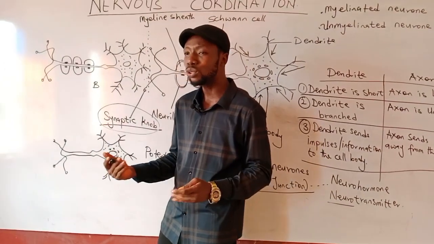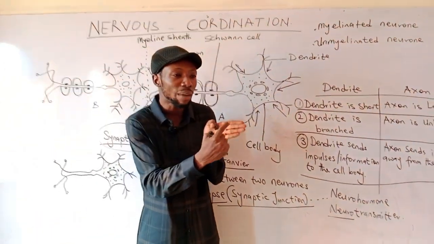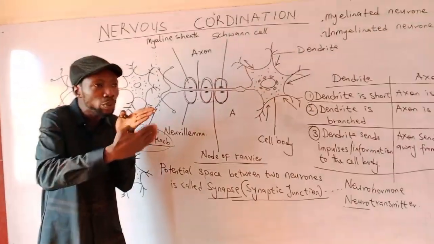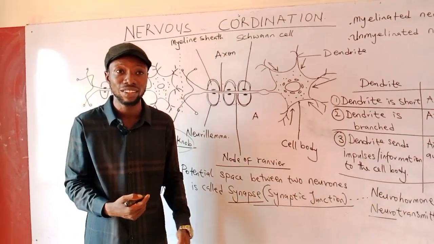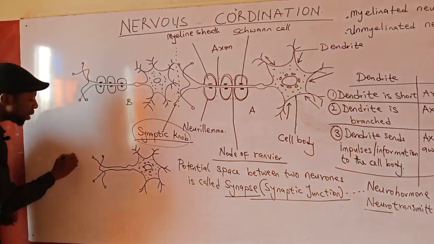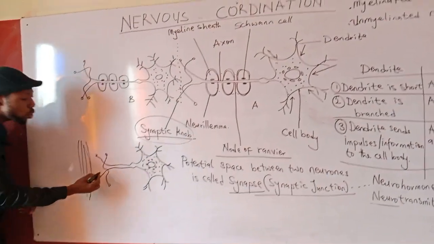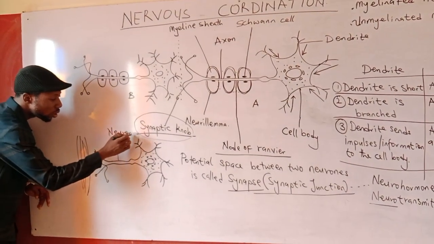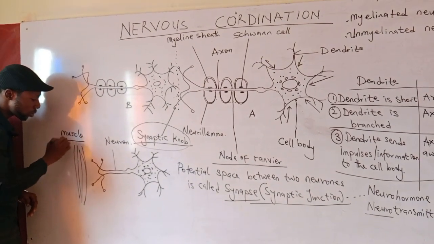Alright? So I want you to know that we have a potential space between the terminal neuron and the effector organ. There is a potential space between that neuron and the muscle of the effector organ. Okay? So assuming here we have a muscle, for example, we have the neuron. This is neuron, okay, and this is muscle, right?